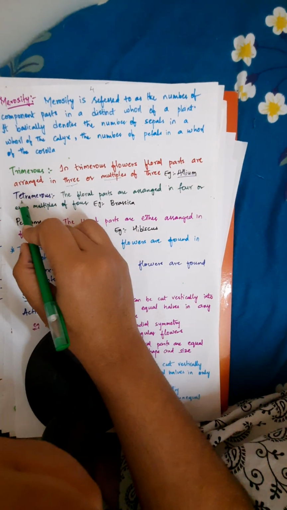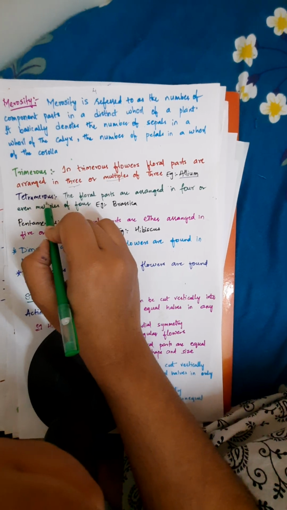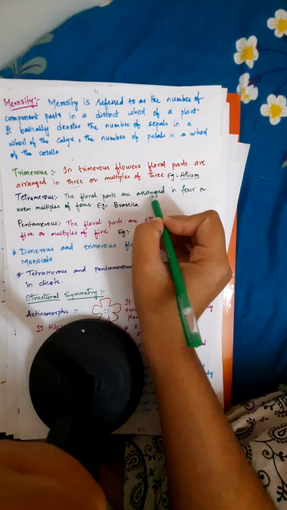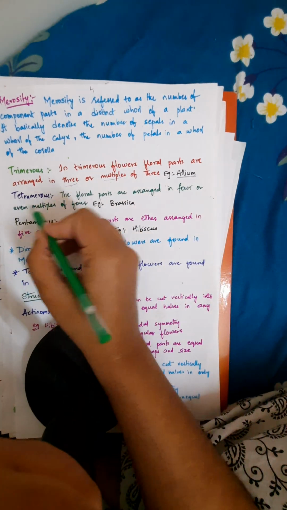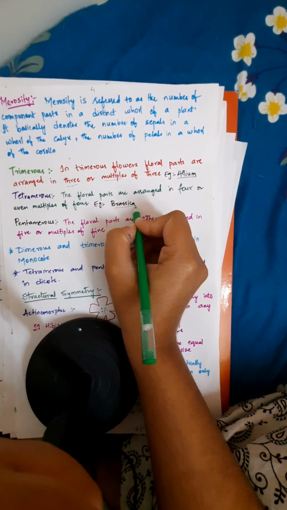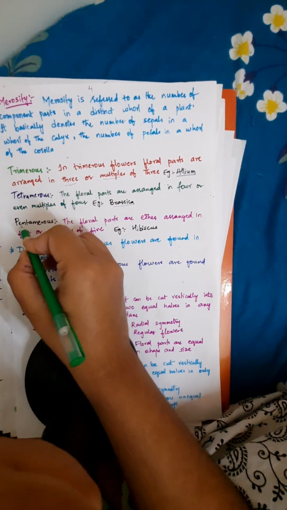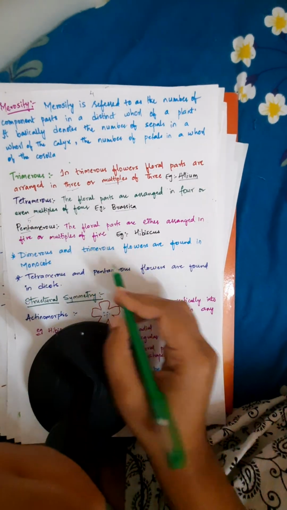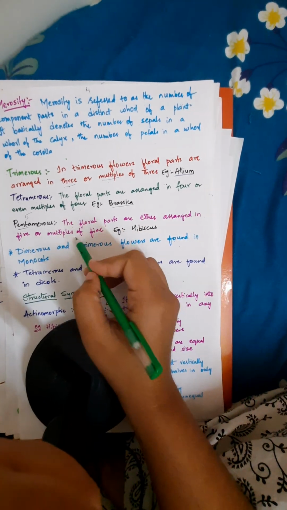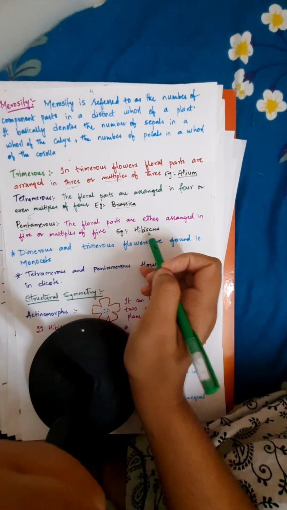Then tetramerous. What is tetramerous? Tetra means 4. The floral parts are arranged in 4 or multiples of 4. An example for this is brassica. Then pentamerous, penta means 5. So here the floral parts are arranged in 5 or multiples of 5, which is seen in hibiscus.